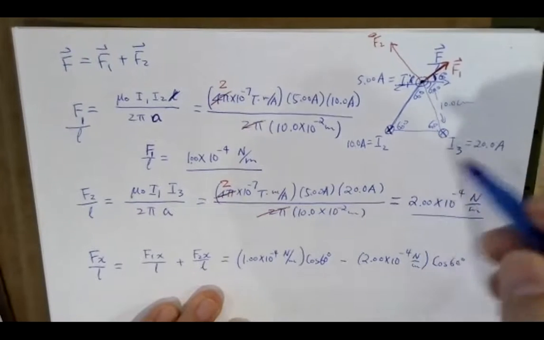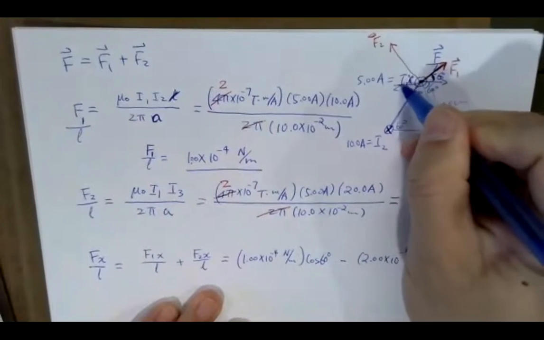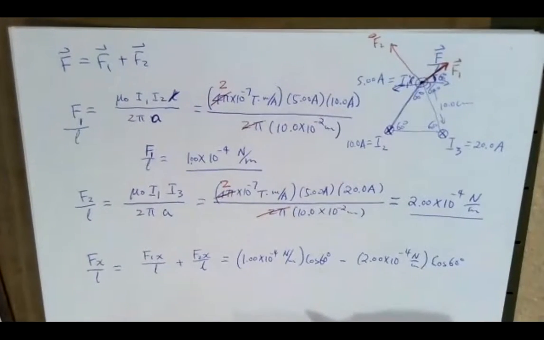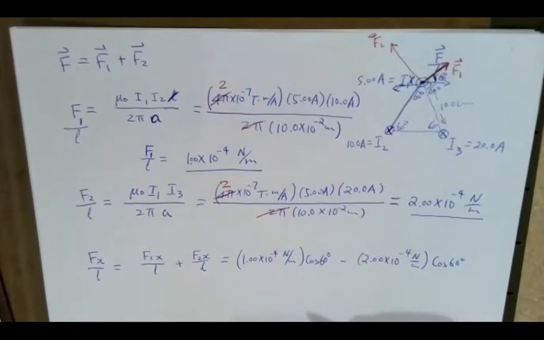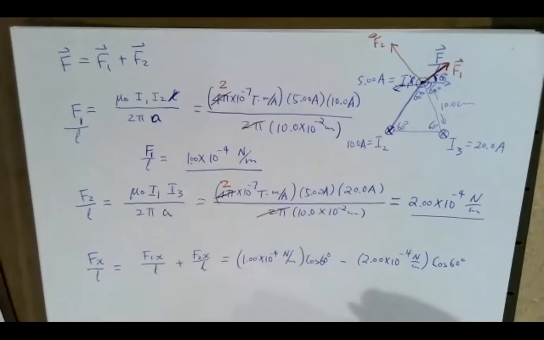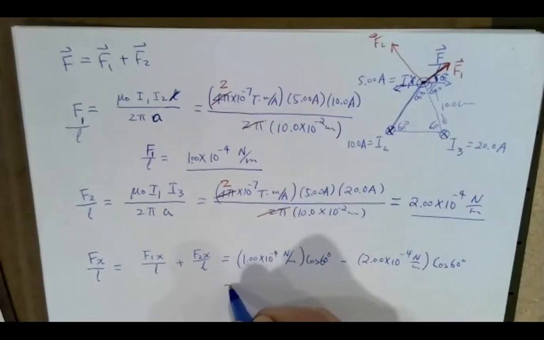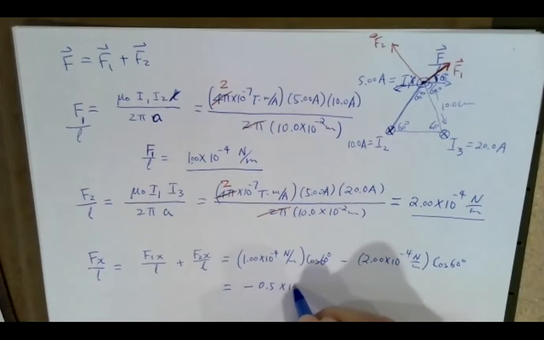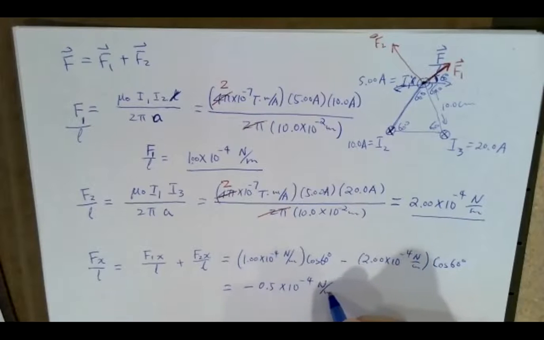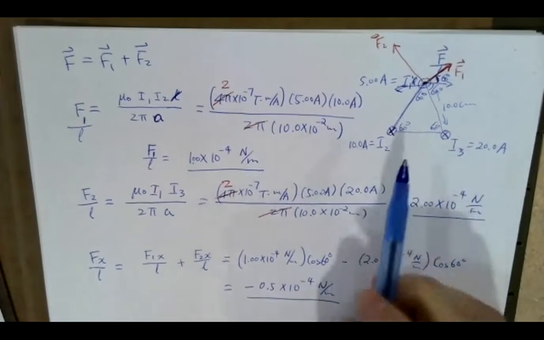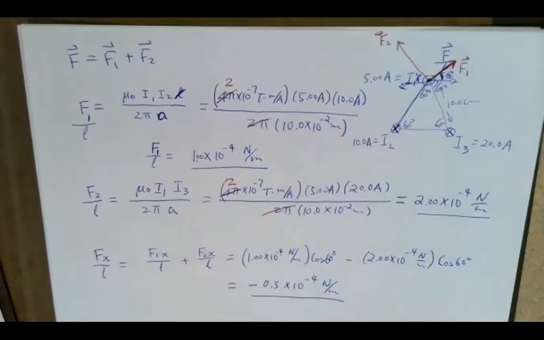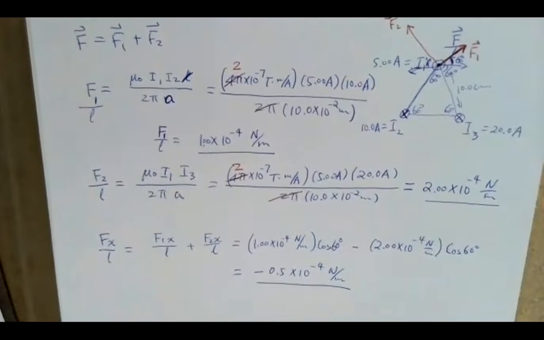You can use that angle. This is 60, so this is in the negative direction. That will give you minus 0.5 times 10 to the minus 4 newtons per meter. So that's your Fx add up per unit length.